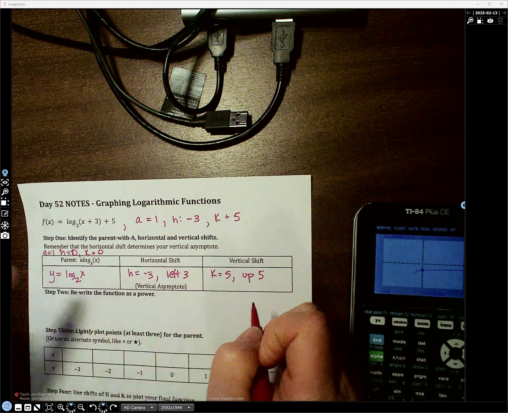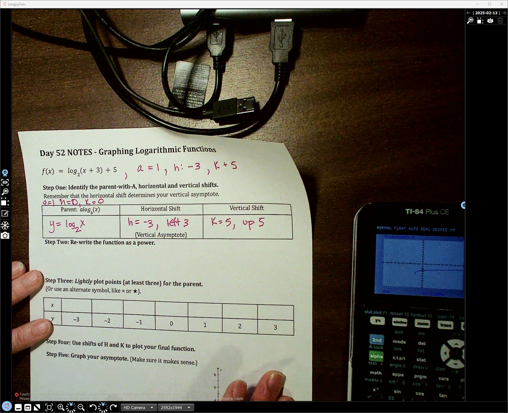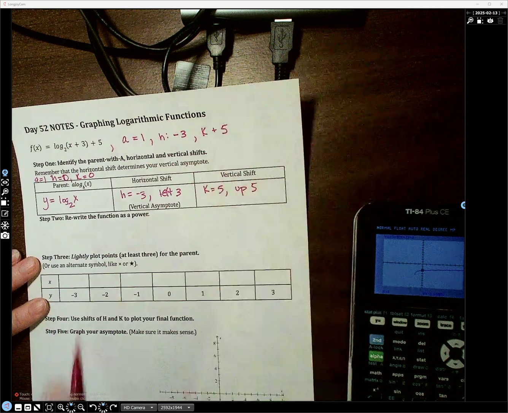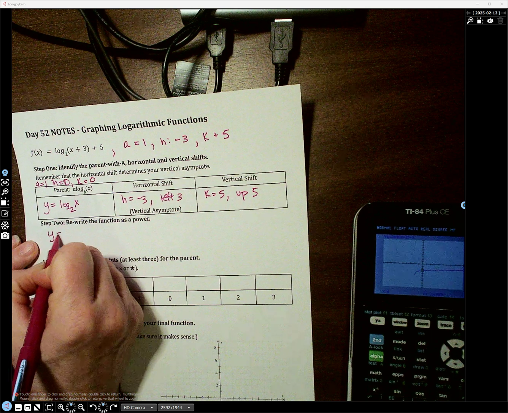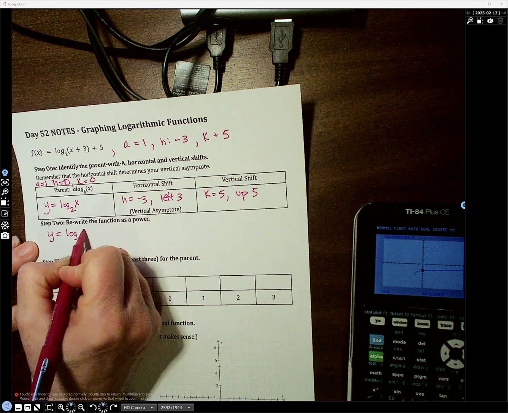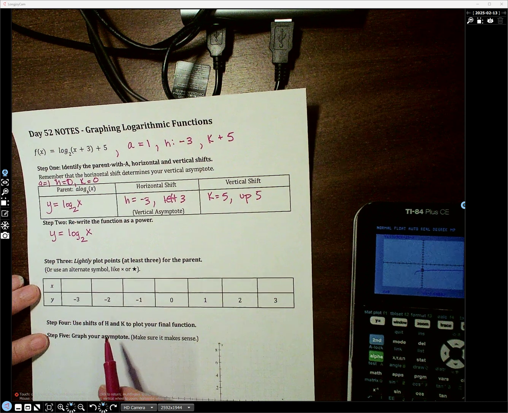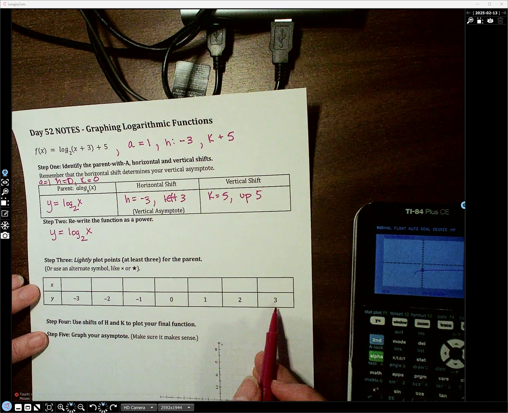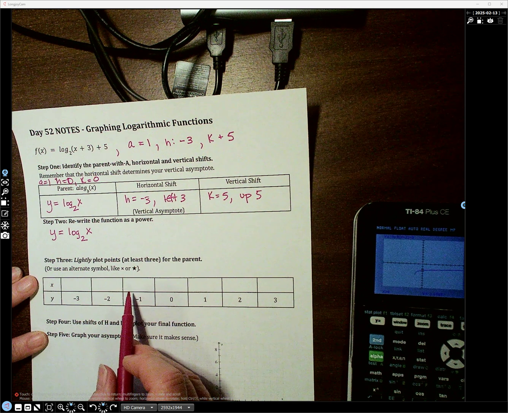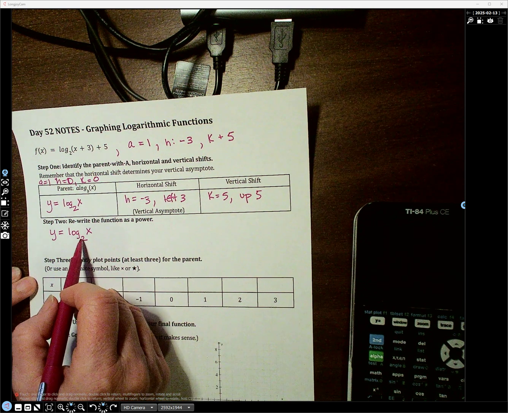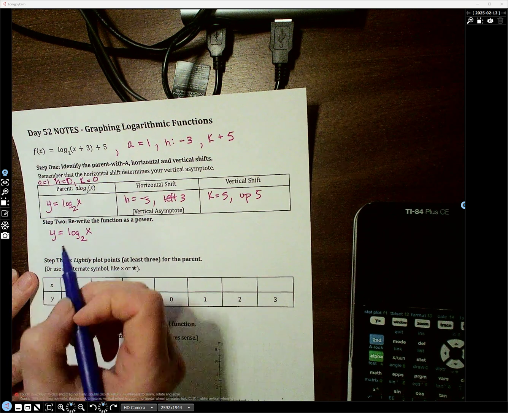All right, now here's the trick with graphing log functions. Let's write our parent. We have y equals the log base 2 of x. But in order to get values, because this is the inverse, we input y values, and then we solve for our x values. So we need to rewrite this as an exponent, which we learned how to do yesterday. Let's do our arrows.